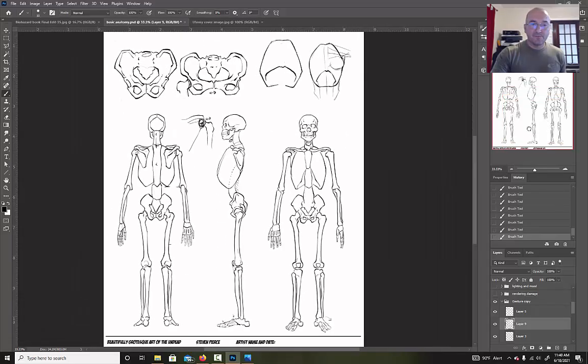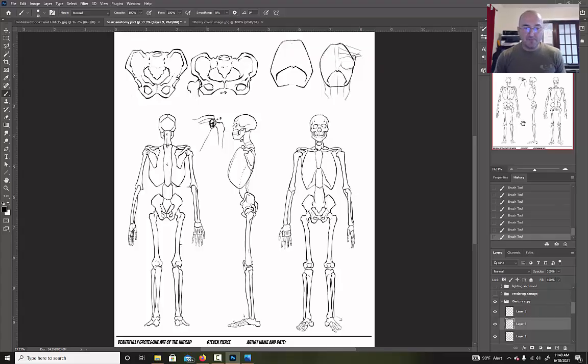All right, so there we have it. We've gone through the basics of the skeletal system, where the bony landmarks are.